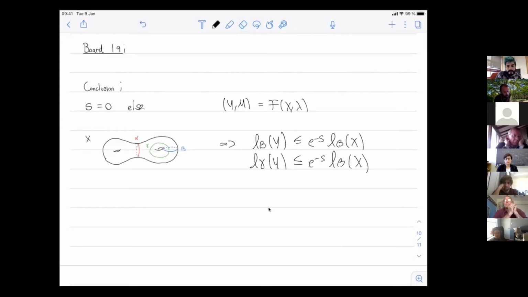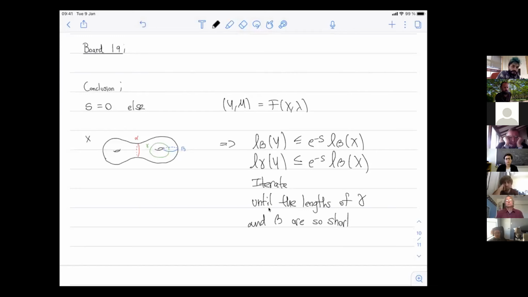Now keep applying this several times, iterate until the lengths of gamma and beta are so short that they contradict the corollary lemma.